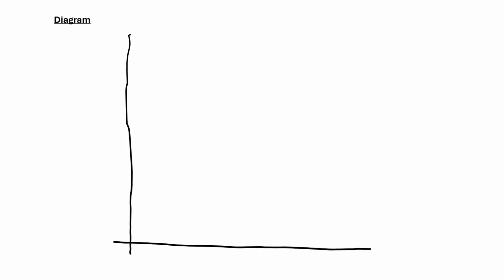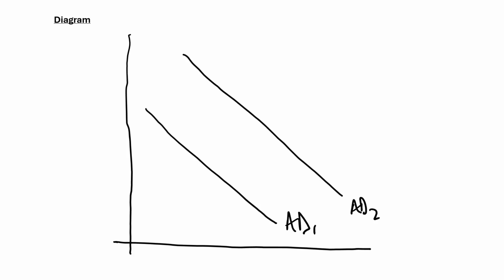Right, so in this diagram, we're going to use an aggregate demand and supply model. Just let me draw the diagram. As you're aware, with the aggregate demand and supply model, we have aggregate demand. I'll give us two different aggregate demand curves. No, actually, I'll use three later on. And then we have the aggregate supply curve, or rather the long run aggregate supply curve.